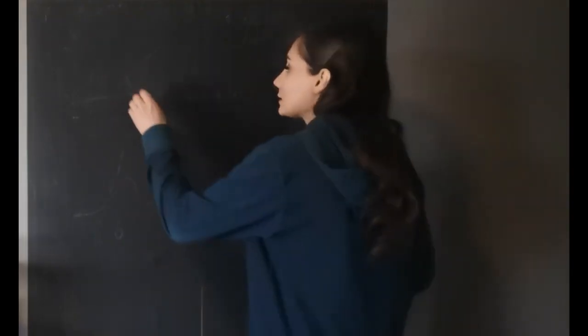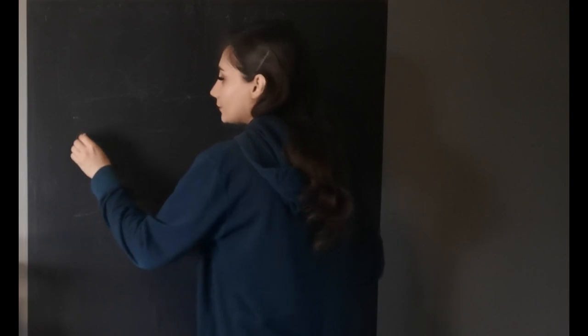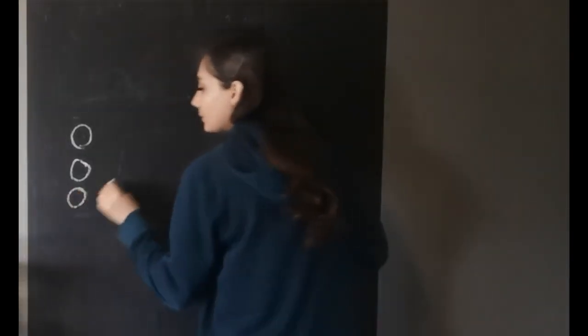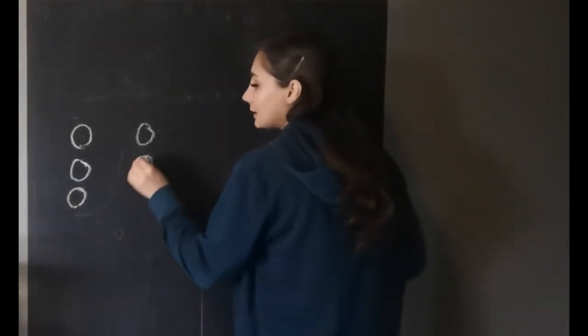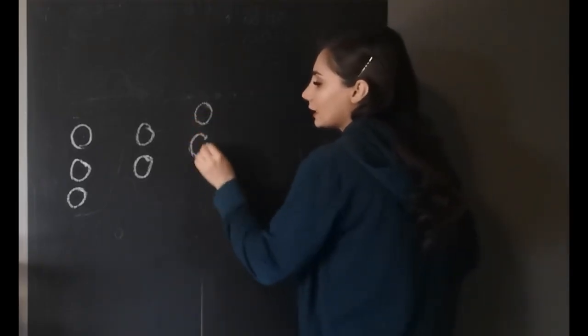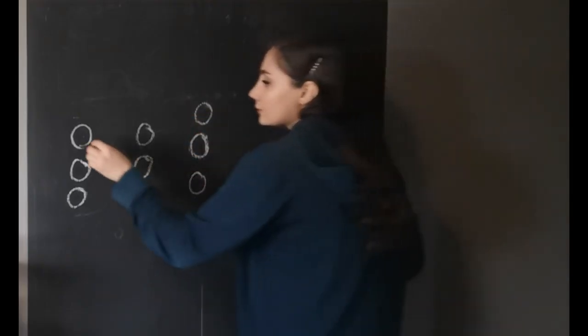So let's first draw our neural network again. For example, I have 2 or 3 inputs, and then I have one hidden layer with 2 neurons, and then I have my output that are going to be 3.